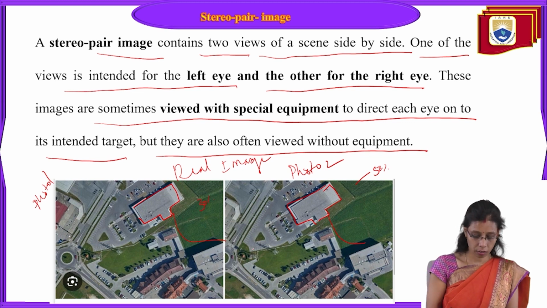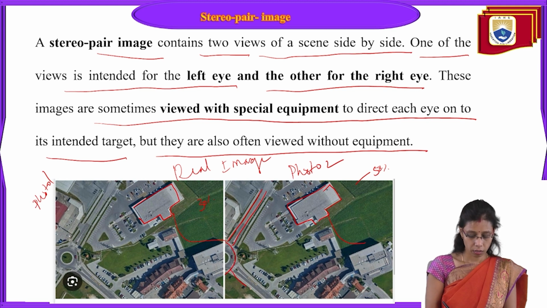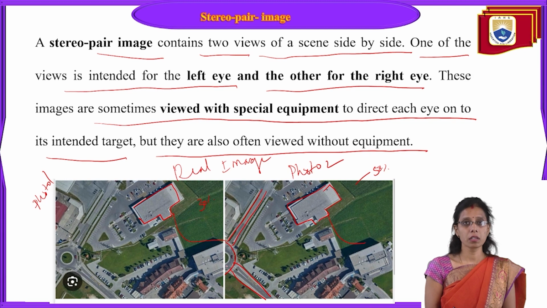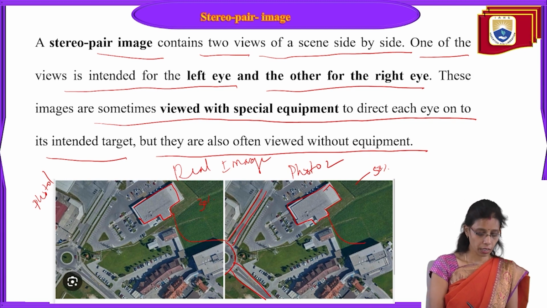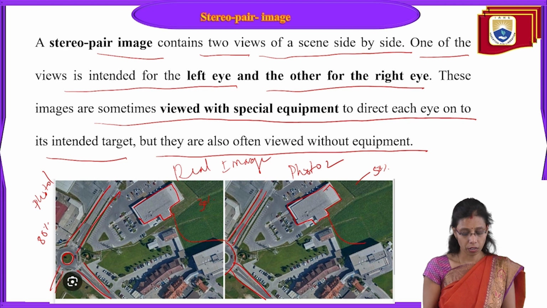Now look at this junction. In this photo we can see this is the road and this is the junction. Here only half of the junction is covered, whereas here you can see this is the junction, this is the road. So a half portion we can see here, and around 80% is covered here, right? So this is the image.